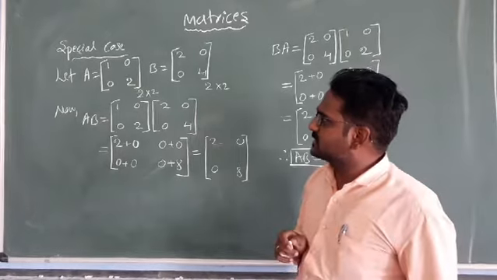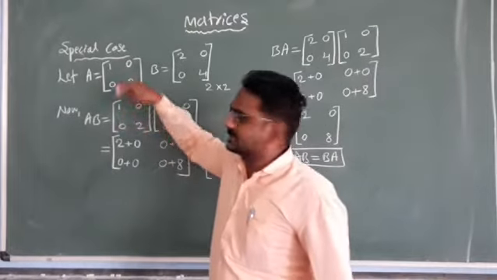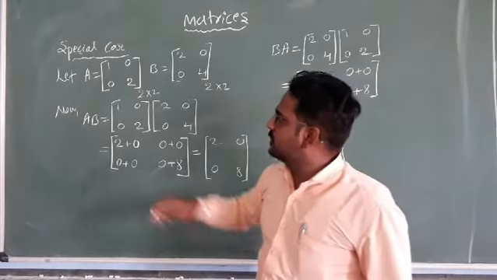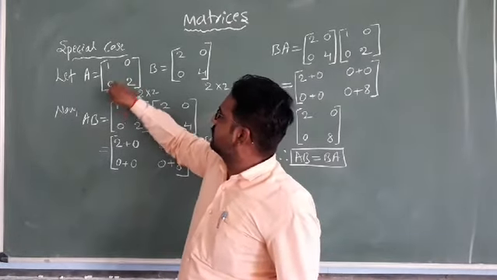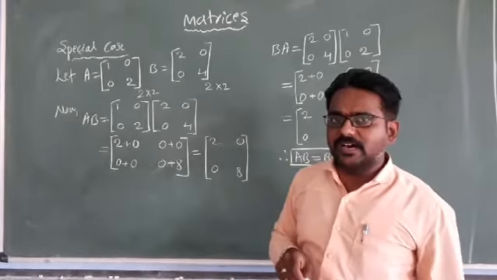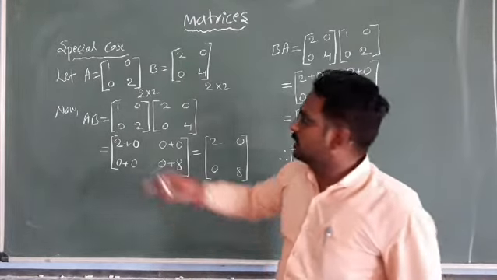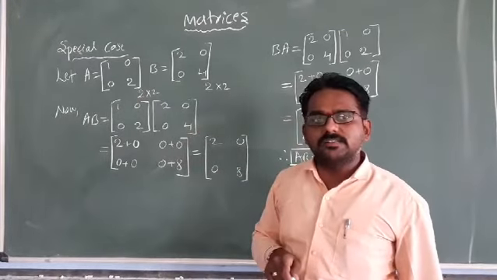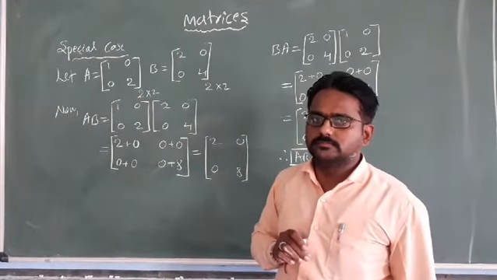What is a diagonal matrix? A square matrix is said to be a diagonal matrix if non-diagonal elements are 0 and diagonal elements are non-zero.